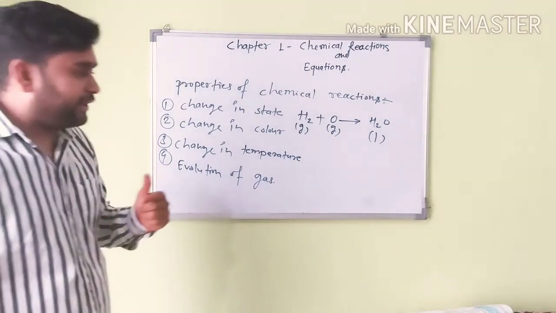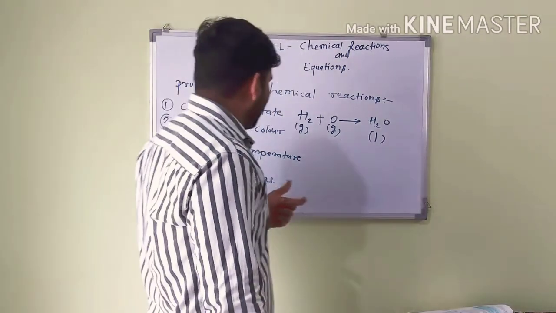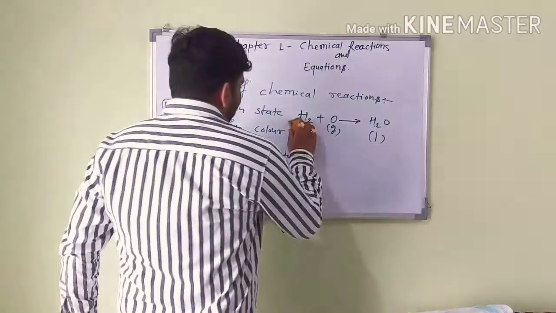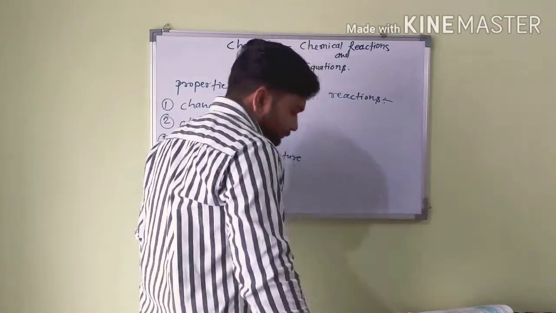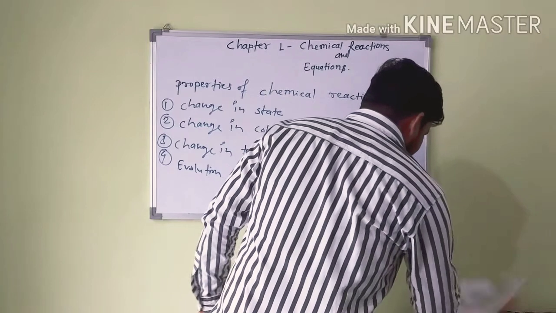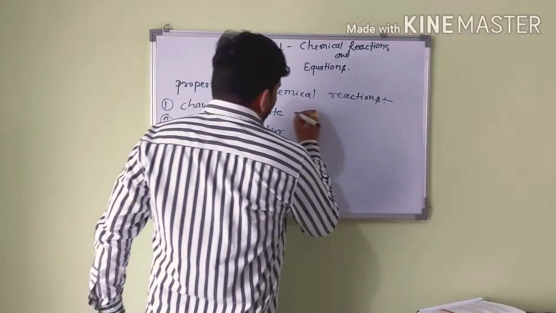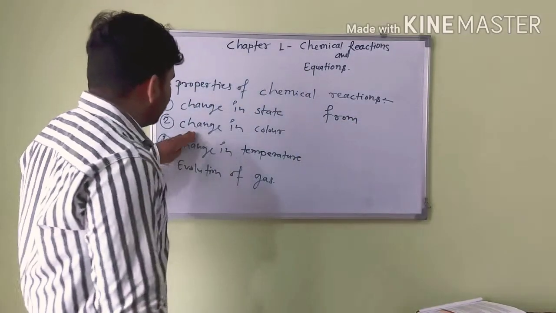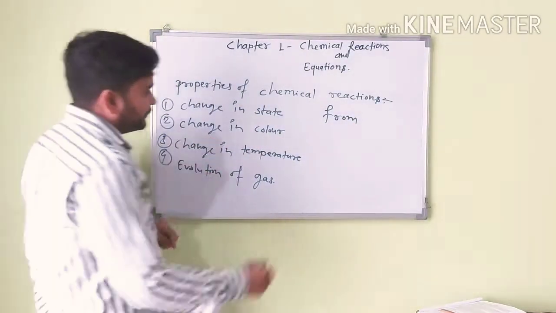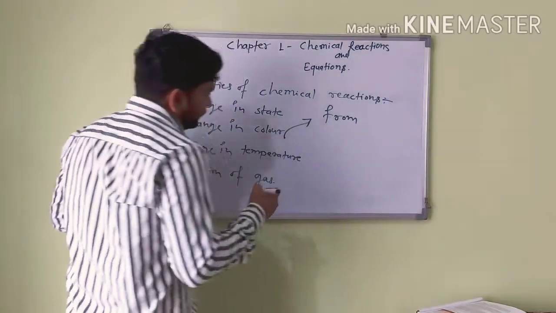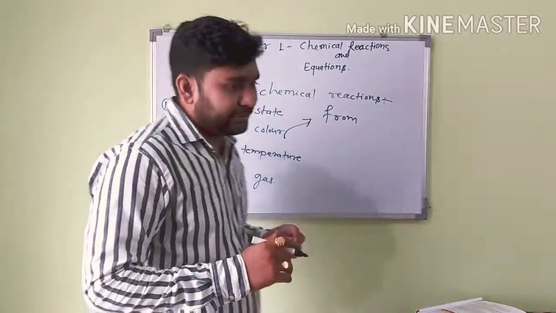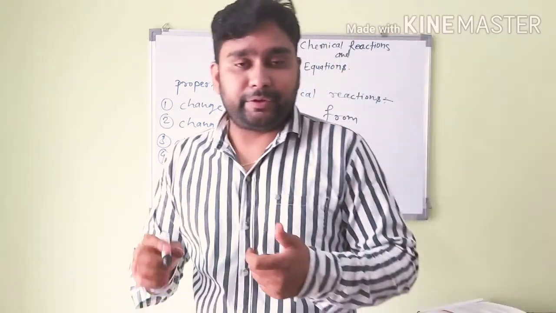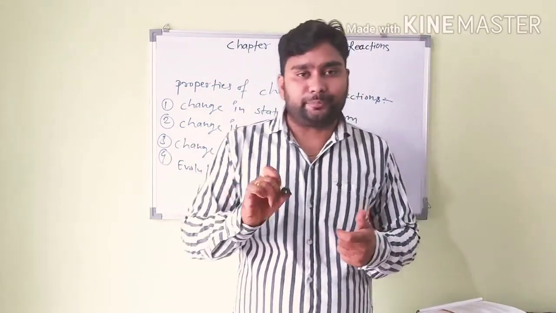And change in color. For change in color we can take an example from our book, the magnesium ribbon activity. Just think of the burning of a matchstick when we rub it on a matchbox.